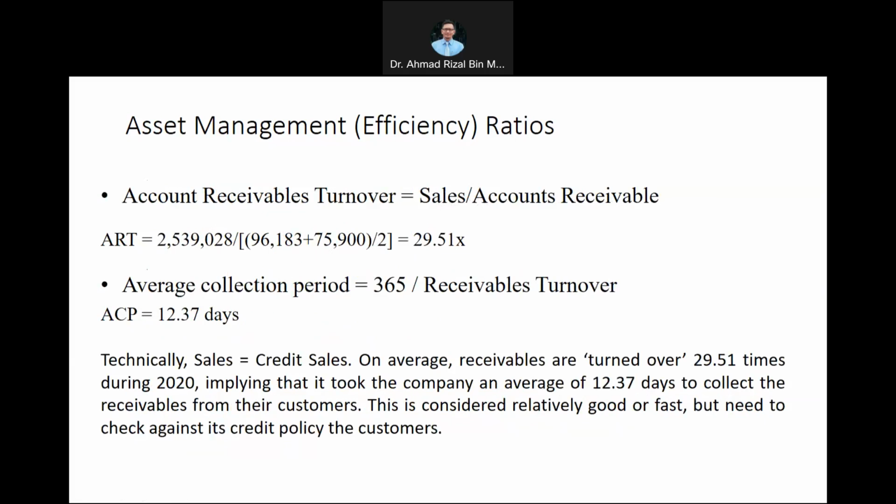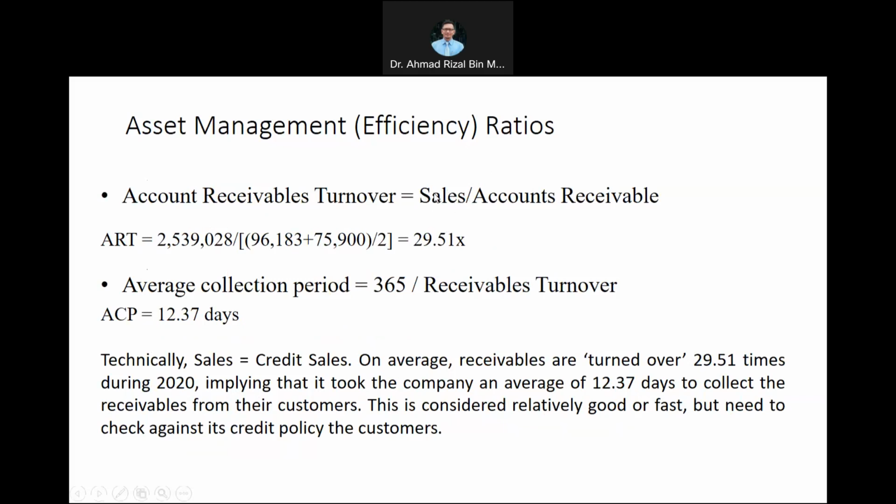So you omit the cash sales. But for the sake of example, let's assume that whatever revenue or sales figure you see in the annual report or your assignments, and even for 7-Eleven here, is all credit sales. So we can use the whole figure.